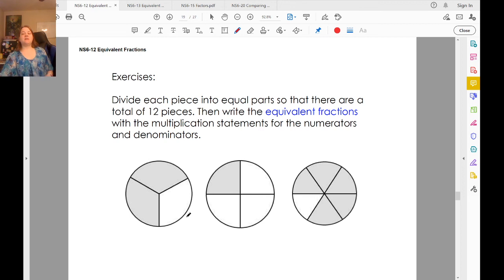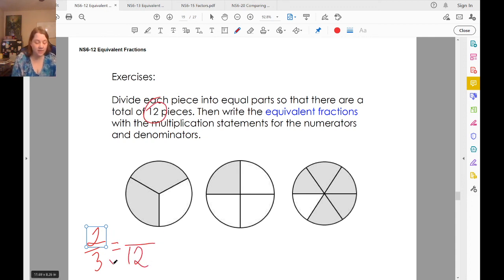So they want us to divide each of these pieces into equal parts. So there are a total of 12 pieces on each of these sections, and then write equivalent fractions with multiplication statements. We've been doing that. So this first one is 2/3. Now, what do I have to multiply to go from thirds to twelfths?